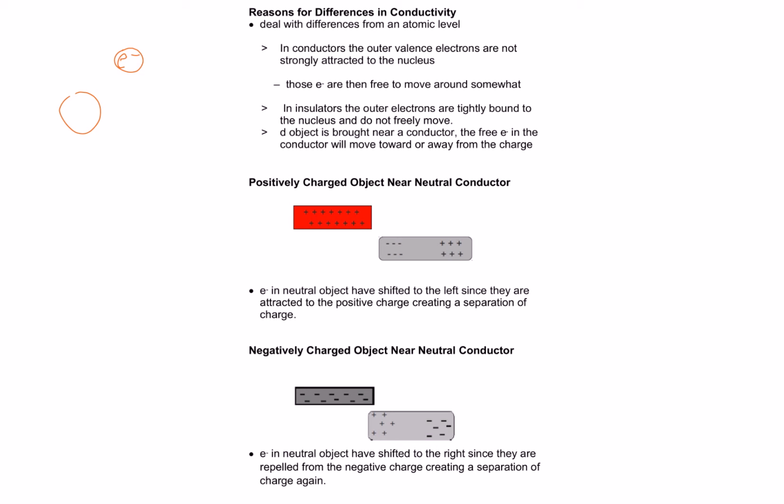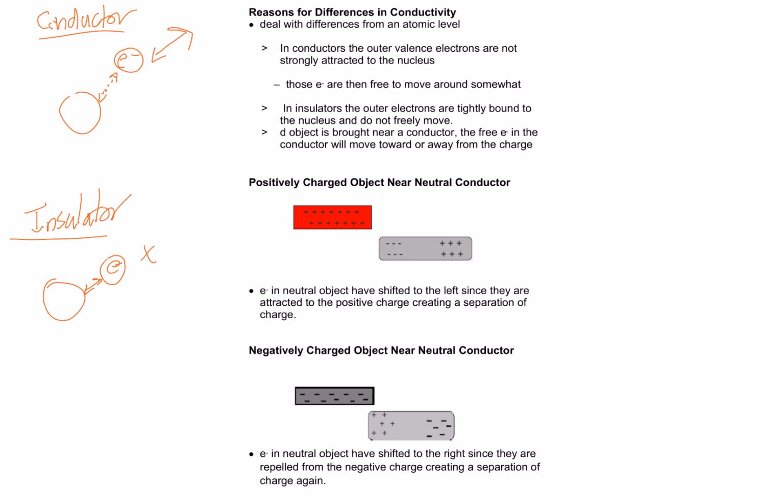Some people explain it as weak bonds between the nucleus and the electrons in a conductor, so it's easy to take those electrons away or add them. In an insulator, it's not necessarily that the electrons are closer, but a stronger bond to the nucleus, so we can't get those electrons to move away as freely.